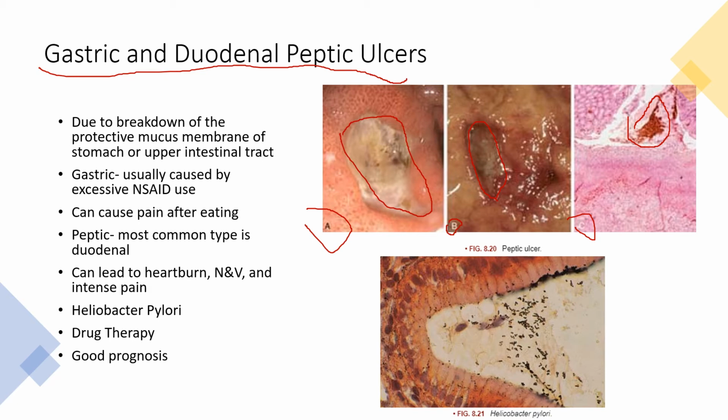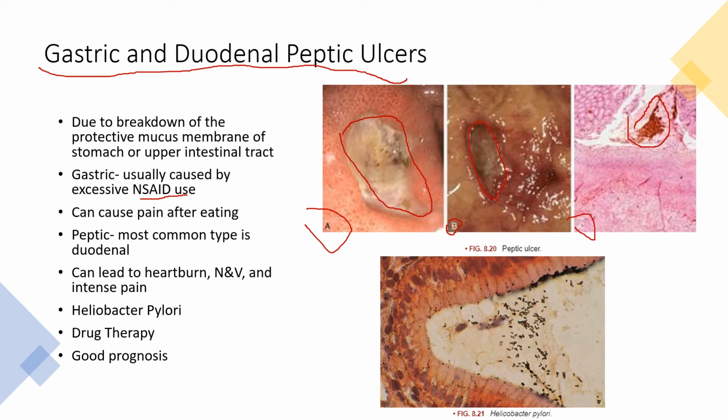So with gastric and duodenal ulcers, they don't usually cause pain initially. When they initially form, the patient is asymptomatic. But over time, the patient can become symptomatic. And they usually form due to excessive use of non-steroidal anti-inflammatory drugs, such as ibuprofen or Motrin.